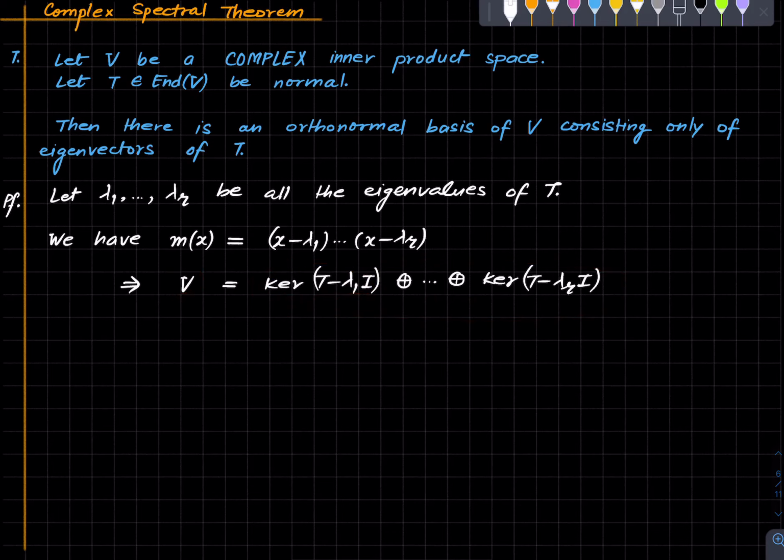Okay, so now what we do is pick Bi as an orthonormal basis of the ith part.